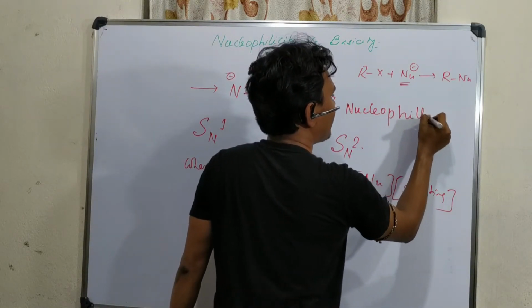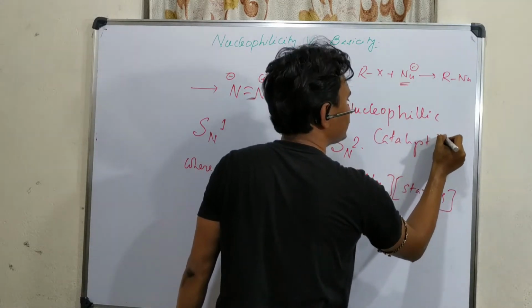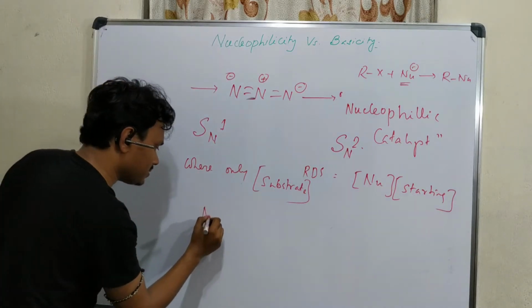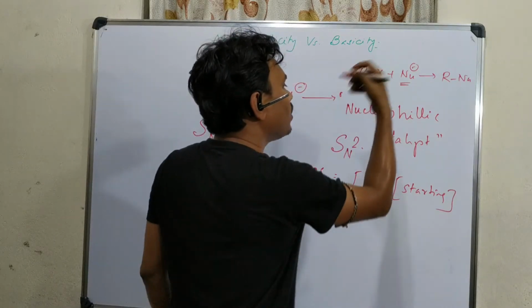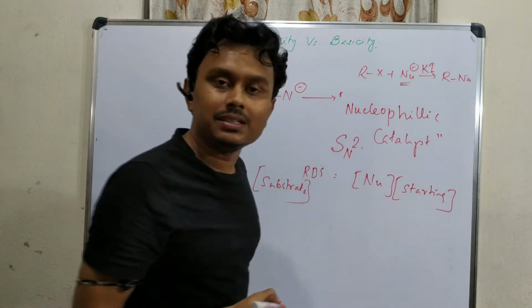And another thing, this excellent nucleophilicity results in a new strategy for reactions, that is nucleophilic catalyst. What does it mean? For example, if you have a nucleophile here and this nucleophile is not good enough, then what people do is add some good nucleophile like KI.